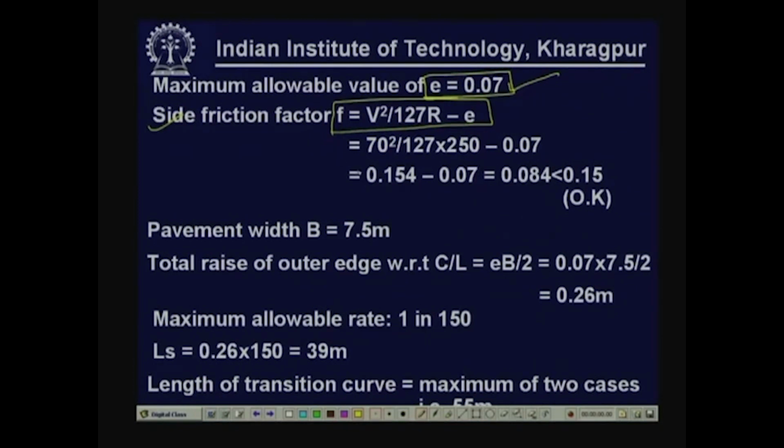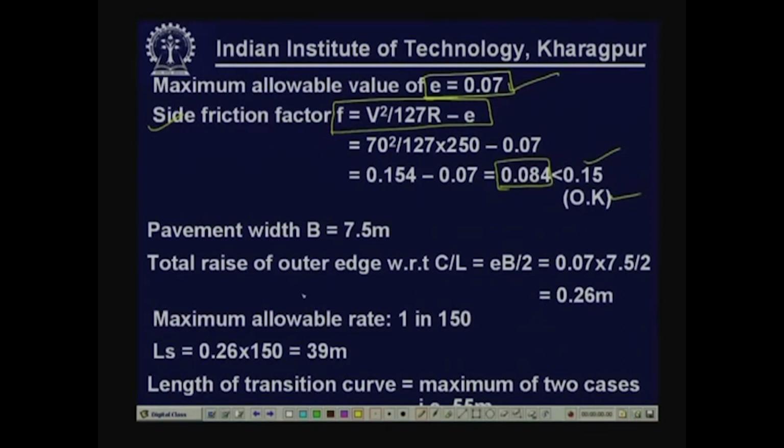So, we calculate F and we find the F value required is 0.084. Now, permissible F as per the practice in India, or as per the recommendations of the Indian Roads Congress, is 0.15. So, it is less than 0.15, that means it is acceptable.